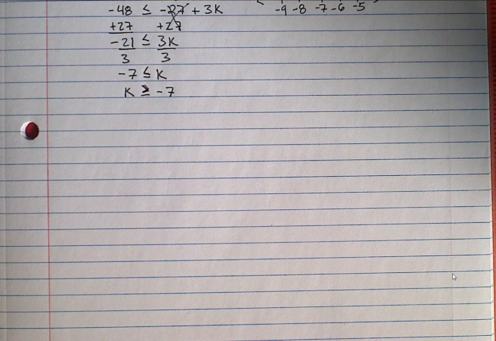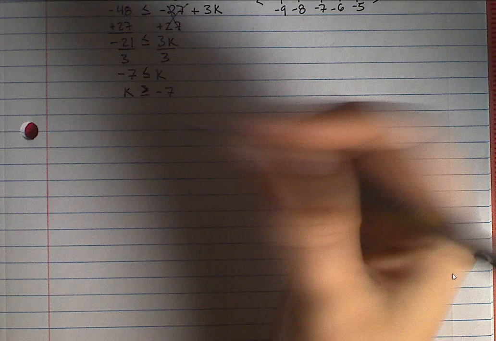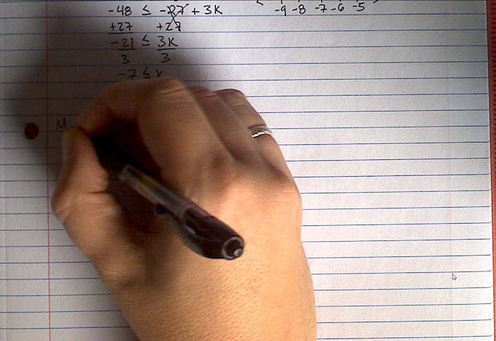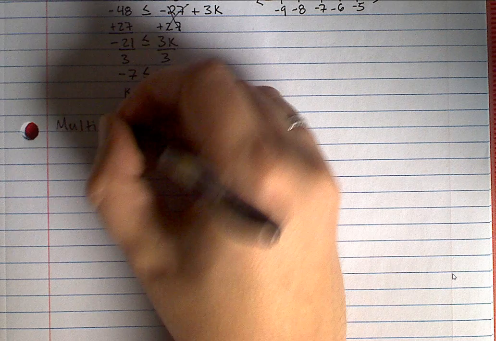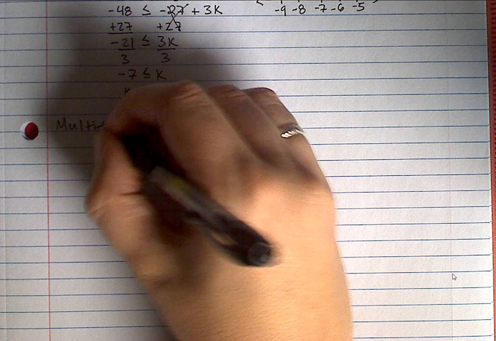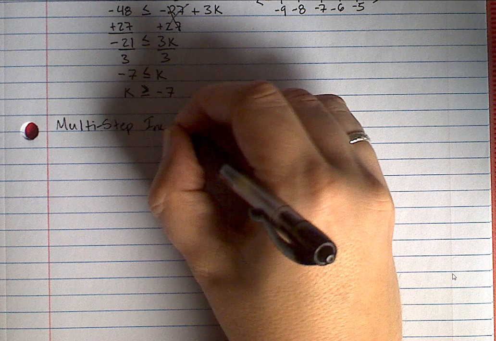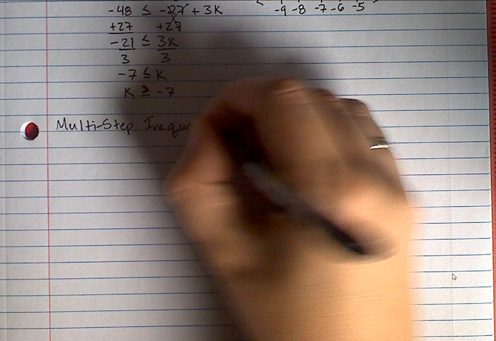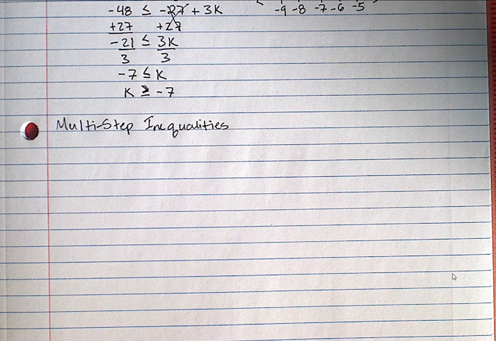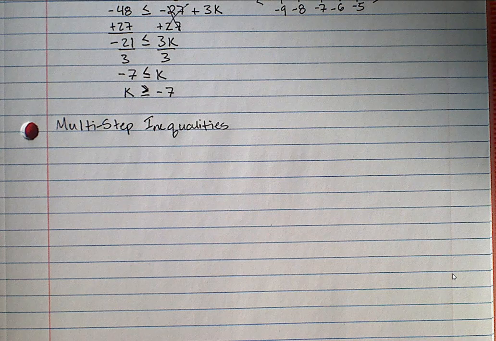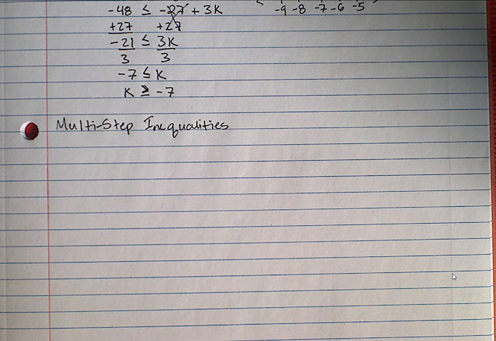Okay, so today we're going to talk about multi-step inequalities, and we're also going to talk about an exception to the rules we talked about on Wednesday. So multi-step inequalities. We're going to take some of those problems that had variables on both sides, and we're going to throw these into here.